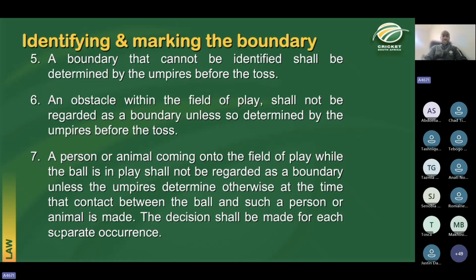Okay, so you need to make that decision as the bowler's end umpire from what you see in terms of how fast the ball is traveling and how far it is or was from the boundary when it hit the dog.